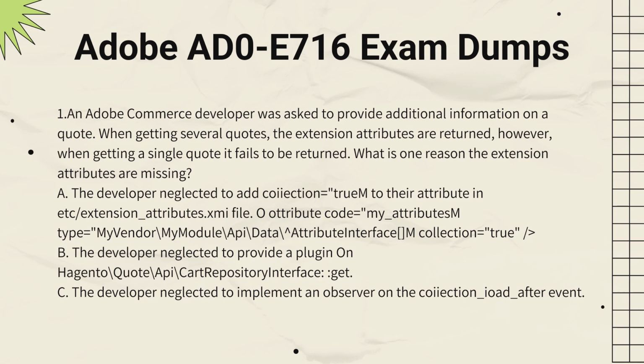1. An Adobe Commerce developer was asked to provide additional information on a quote. When getting several quotes, the extension attributes are returned. However, when getting a single quote, it fails to be returned. What is one reason the extension attributes are missing?